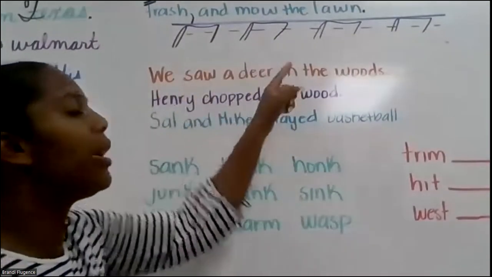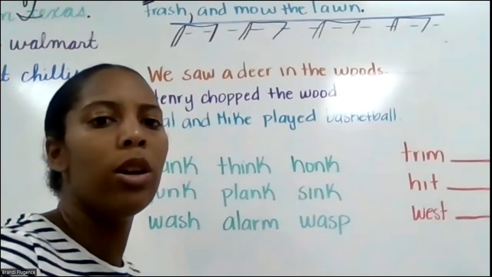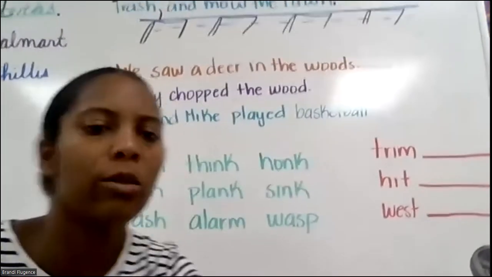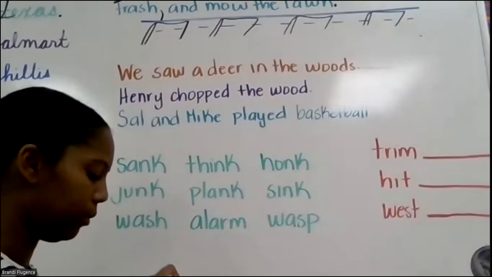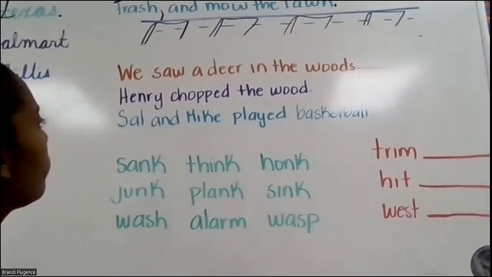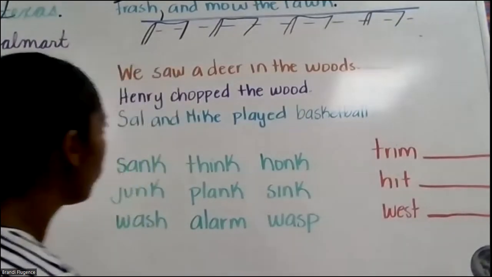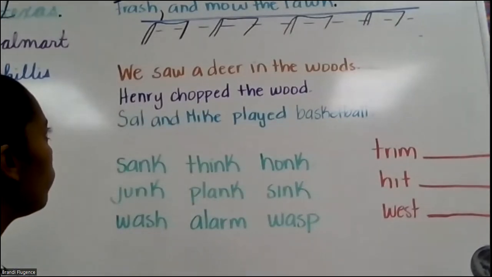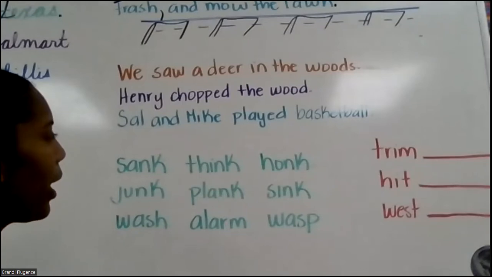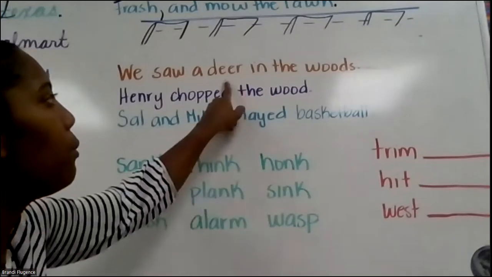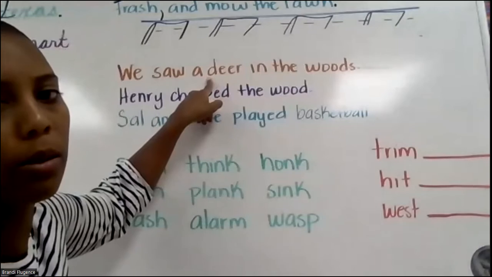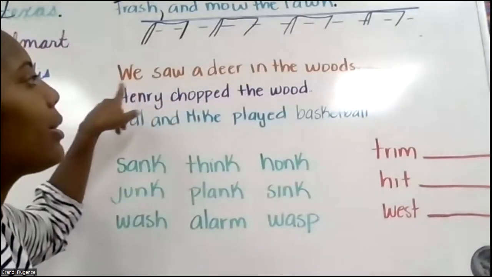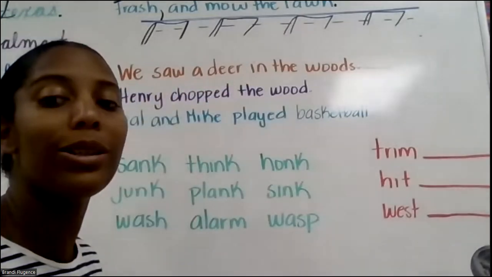So, we saw a deer in the woods. Where would I divide this sentence? Where am I dividing? Joshua? You're putting a line in between deer and woods. Okay. Now I can't divide between deer and woods because they're not right next to one another. When you read the sentence, the first thing you ask is who is the sentence about?